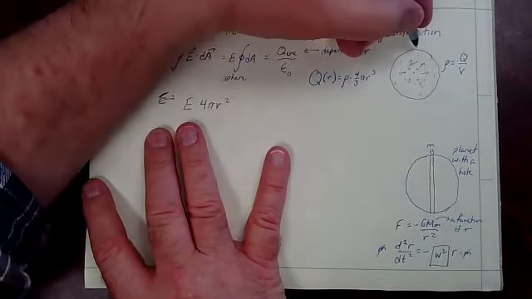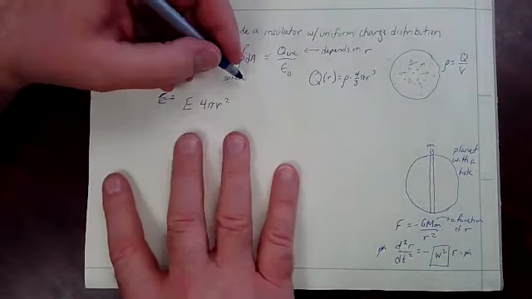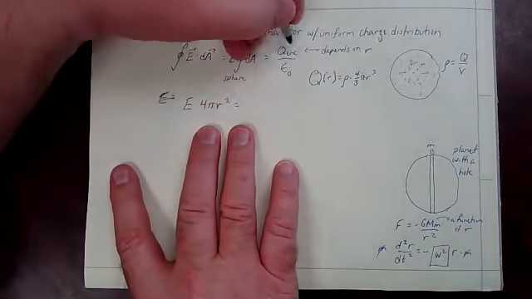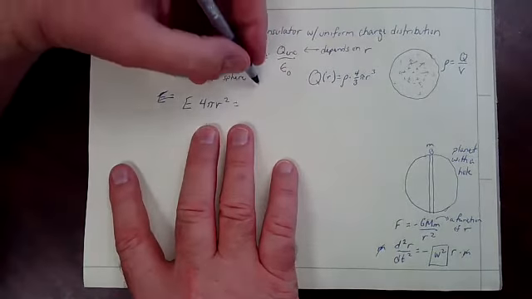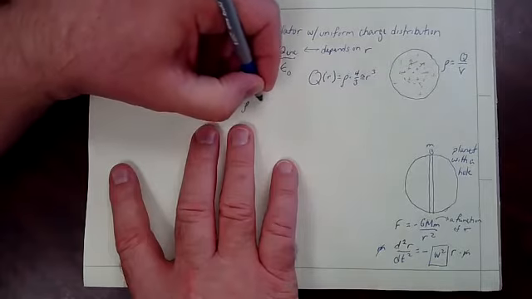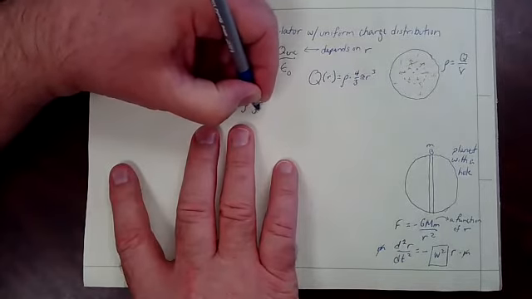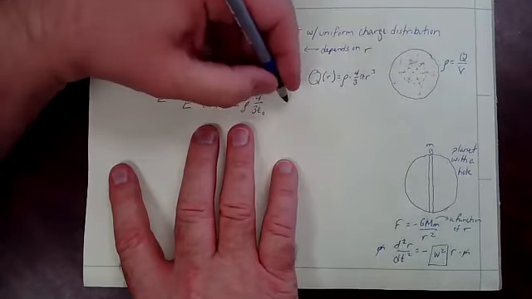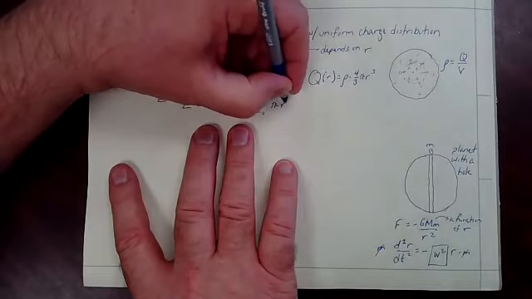It's little r, not big R, because we're still inside our Gaussian surface. And that's going to be equal to Q enclosed over epsilon naught. So this is going to be rho times 4/3 pi r cubed, with our epsilon naught showing up.